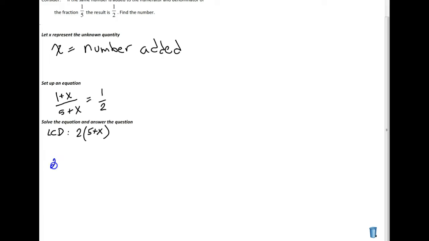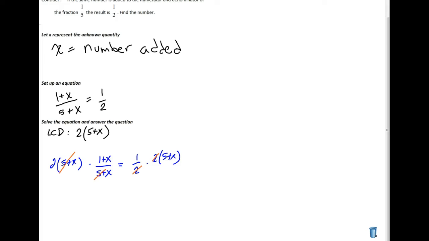So 2 times 5 plus x, times our 1 plus x over 5 plus x, and on the other side of our equation, which is 1/2, we're also going to multiply by 2 times 5 plus x. The whole point of doing this is so that the denominators cancel and we don't have to deal with them anymore.